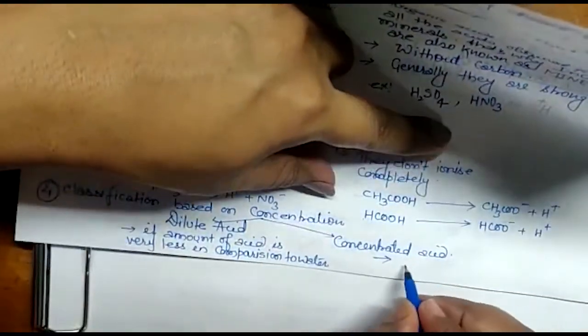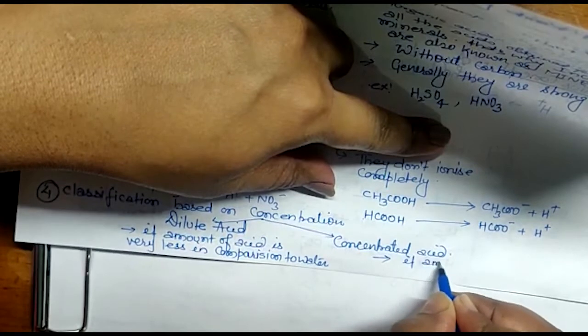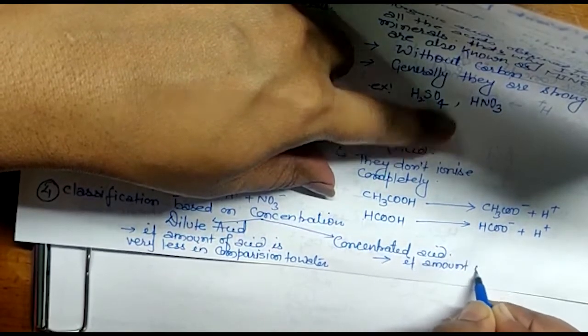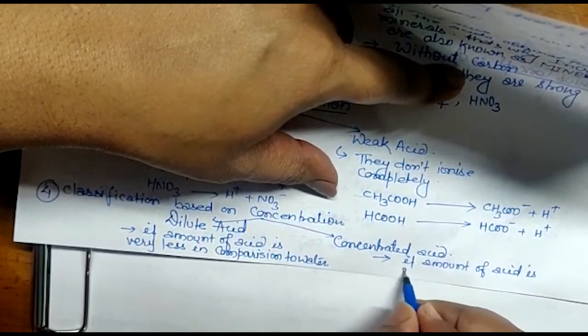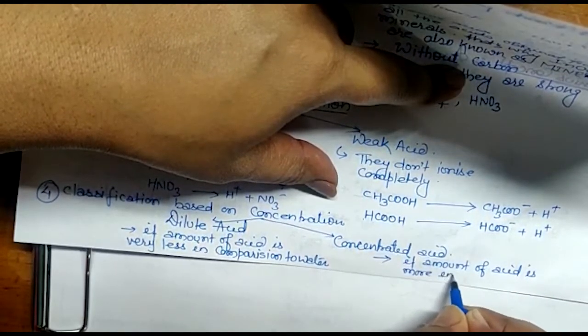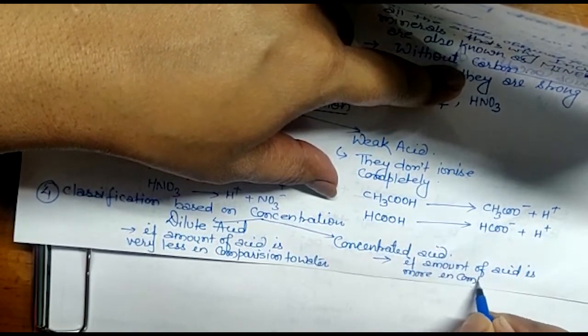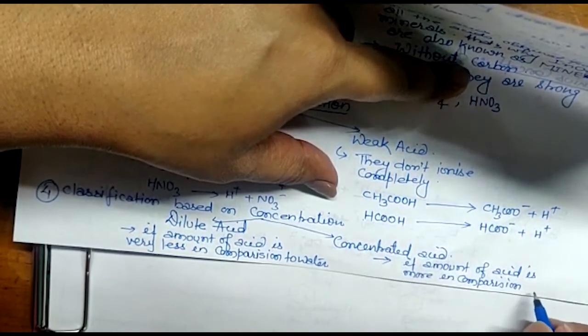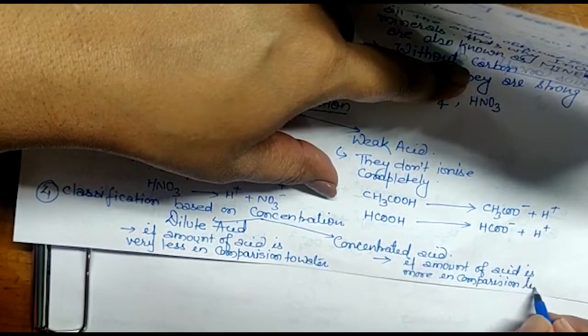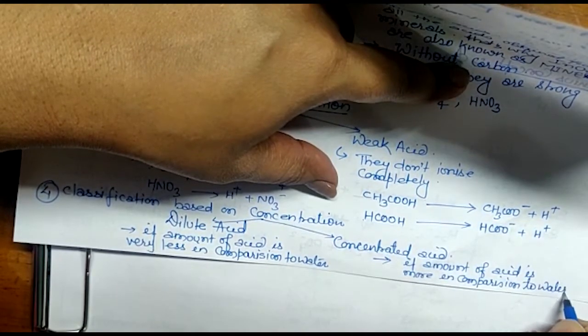And here the amount of acid is more in comparison to the water present in it, then it is called concentrated acid.